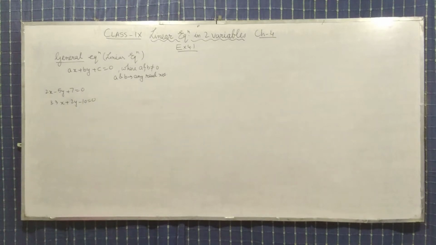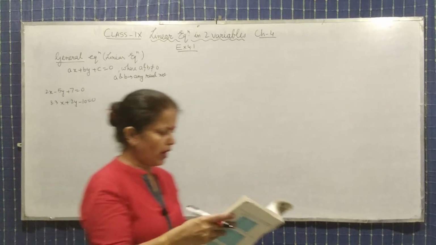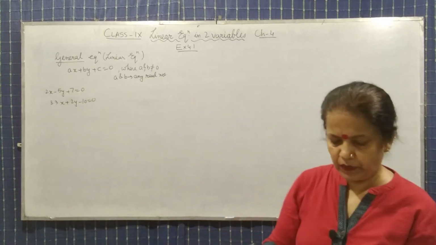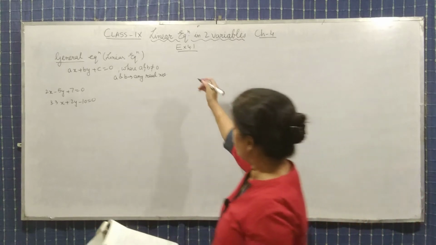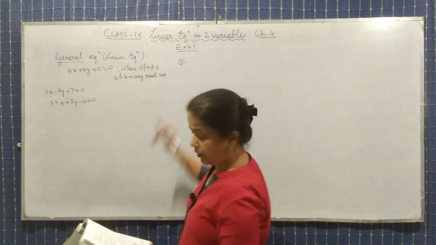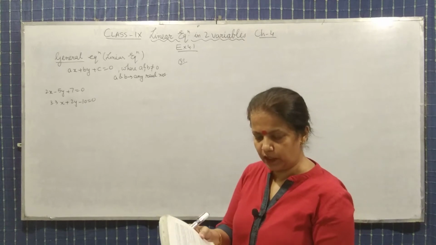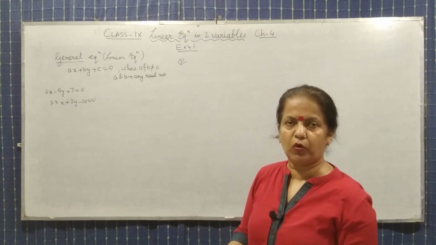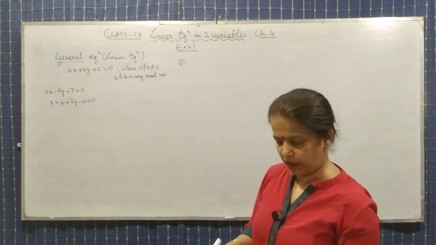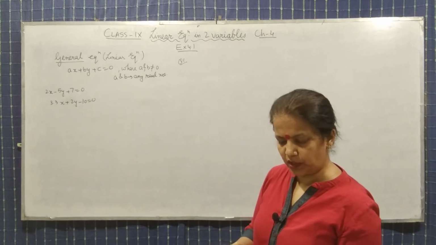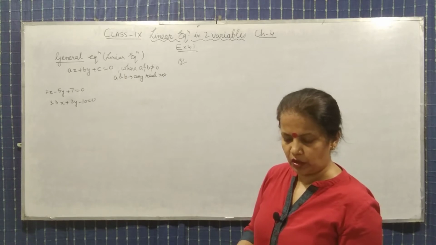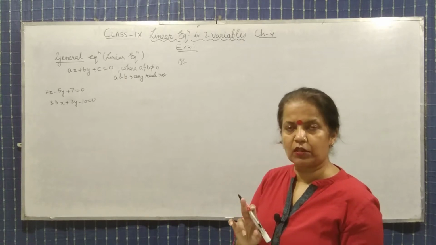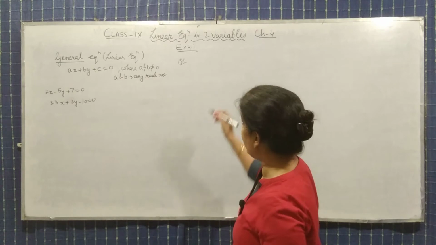Now we will proceed to question 1 from 4.1. The question is: the cost of a notebook is twice the cost of a pen. Write the linear equation in two variables. So the notebook cost is twice that of a pen.